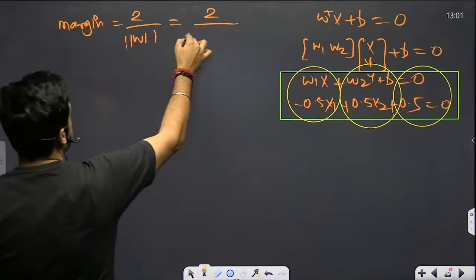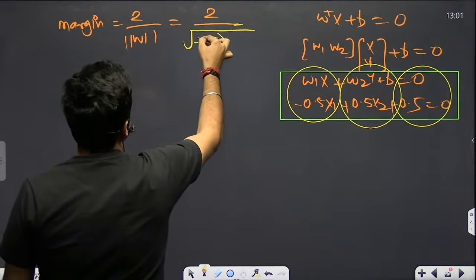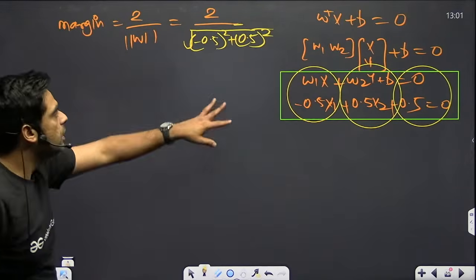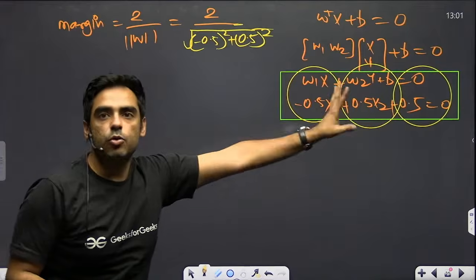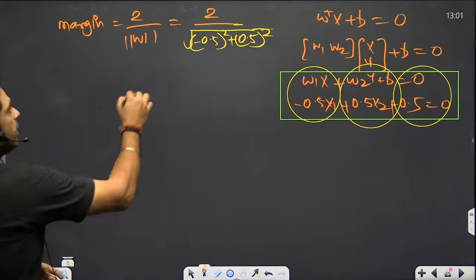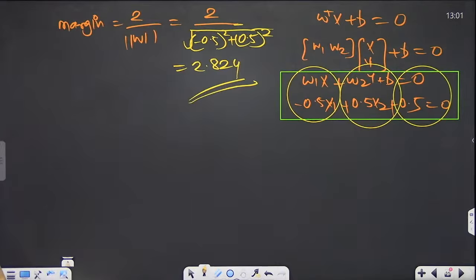So I can write the square root of negative 0.5 squared plus positive 0.5 squared, and you would be getting 2.824. So this is how you have to do it.